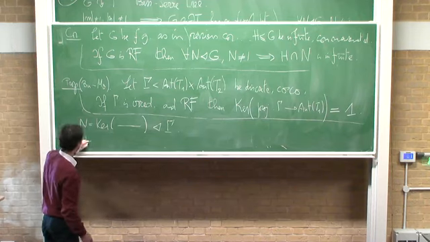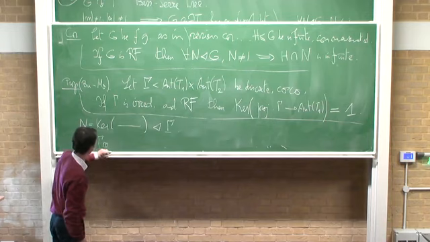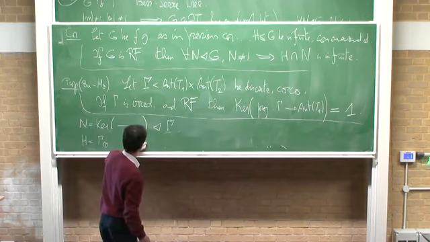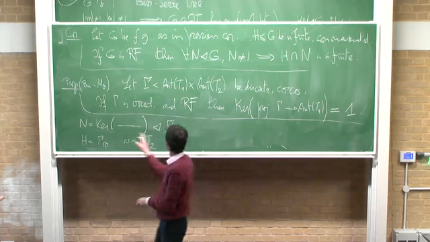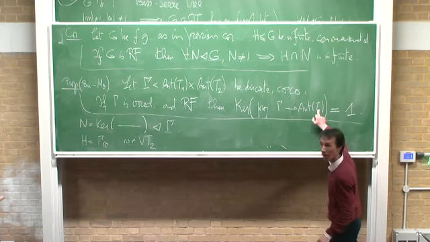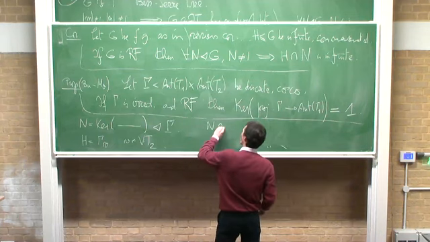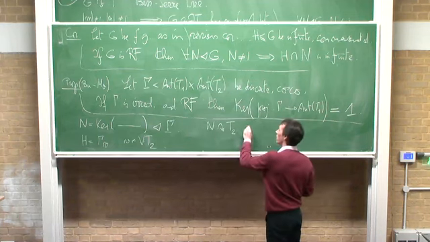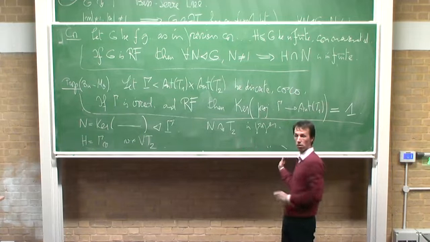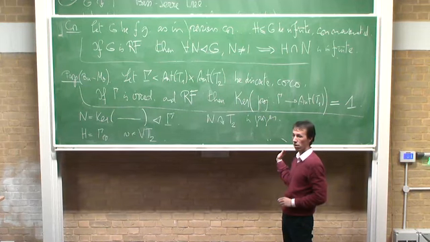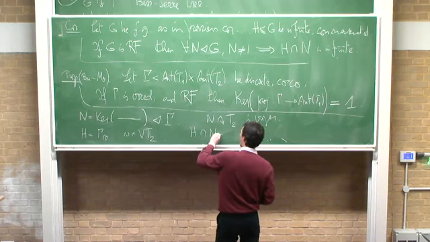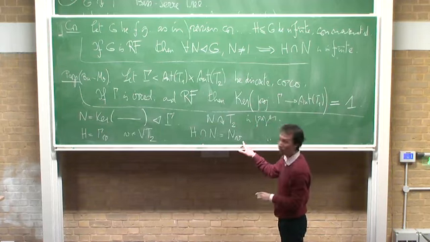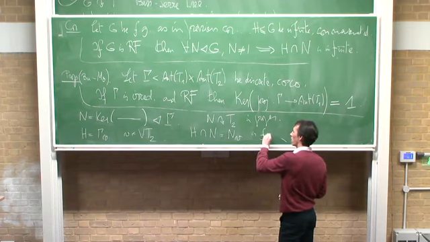Okay, and now I can take H, the stabilizer of a vertex in the second factor. So this one acts trivially on the first factor, so its action on the second factor is proper. But then if I look at the intersection, which is the stabilizer in N of a vertex of the second tree, this is finite.